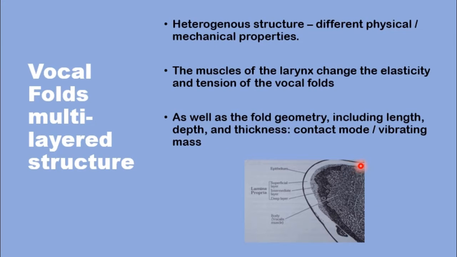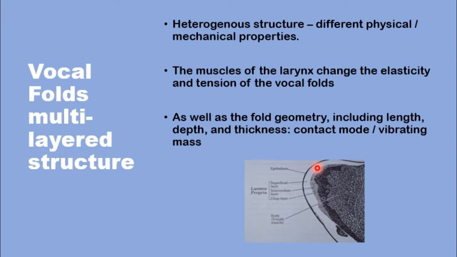Vocal folds are heterogeneous structures with several layers of material with different physical and mechanical properties, including the muscle core, the lamina propria with three different layers, and the cover, and each of these has different physical properties.